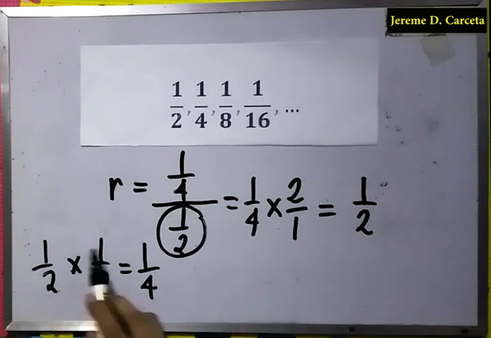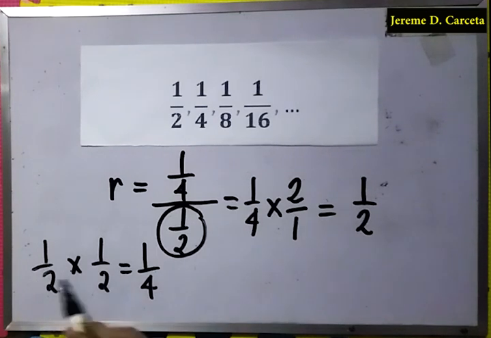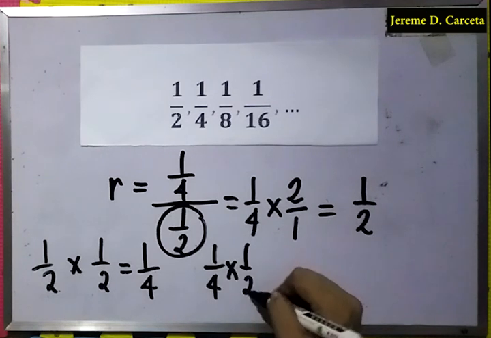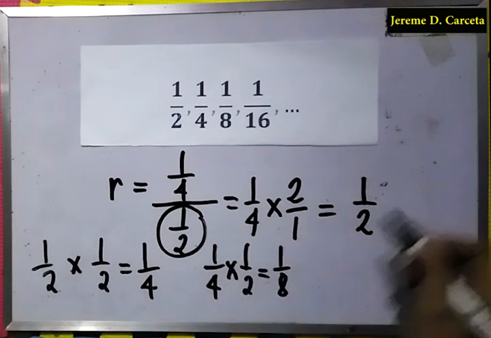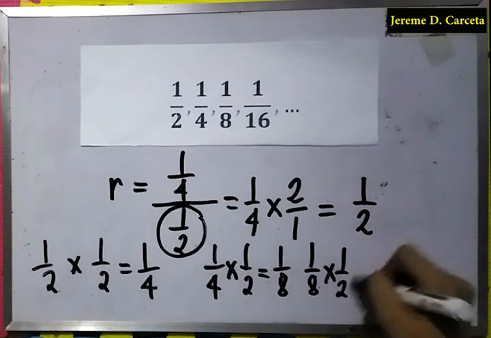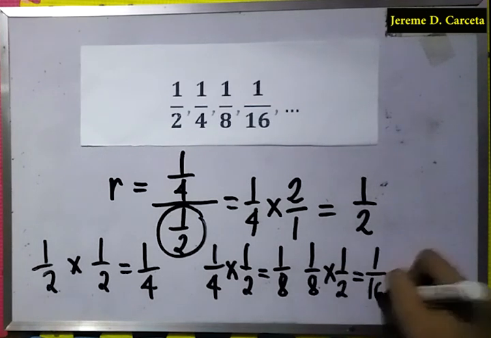So 1 times 1 is 1, then 2 times 2 is 4. Doing the same process for the next terms, we have 1/4 times 1/2 is 1/8, and 1/8 times 1/2 is 1/16.